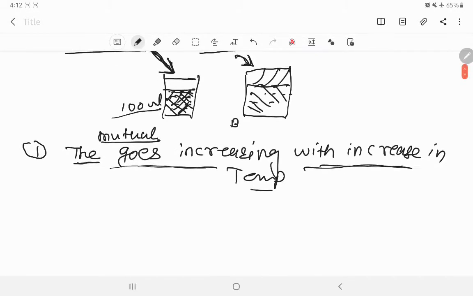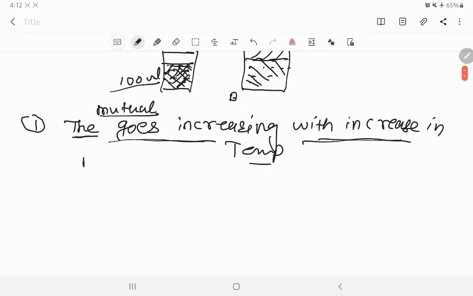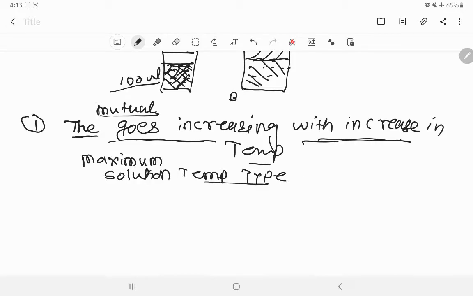It is also called the maximum solution temperature type. It is also called the critical solution temperature type, CST, maximum CST.